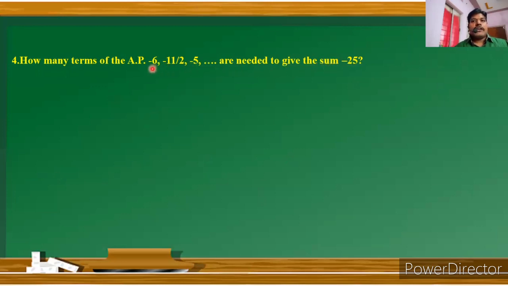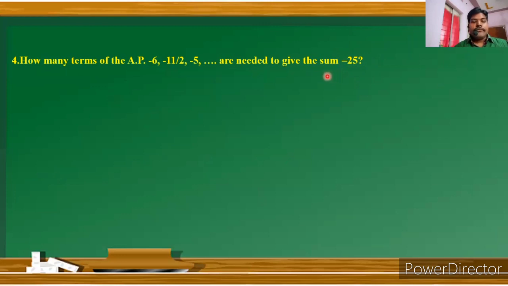They have given one arithmetic progression, the sequence is already given. By adding some terms you will get minus 25. So the question is how many terms you can add to get this sum minus 25. That is the n value they are asking.